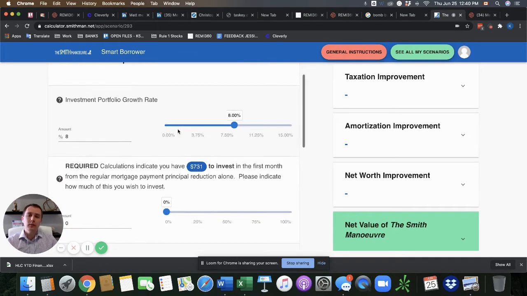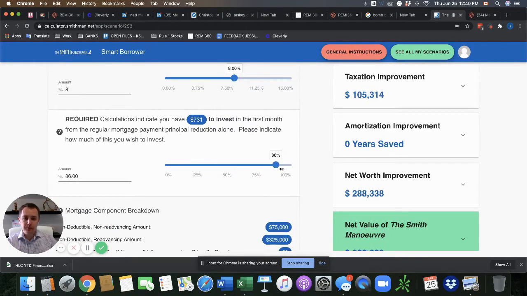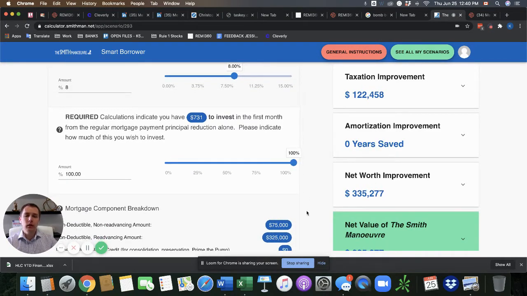So if you use this money and conservatively invest into stocks, mutual funds, real estate, your own business, or lend money out at a very conservative rate of 8%, then the next day you'll be able to borrow $731 to invest. And that's how you see the numbers on the right changing here.